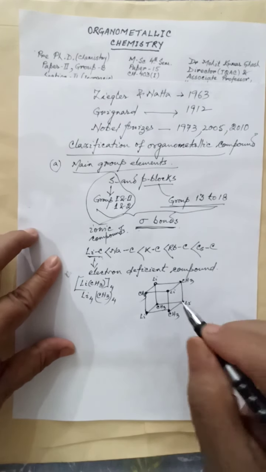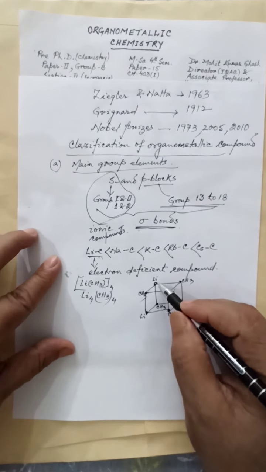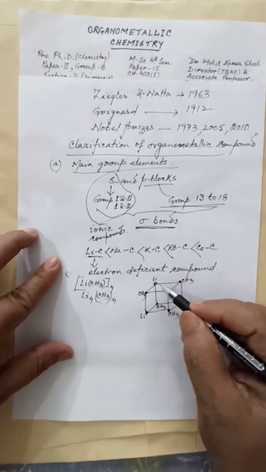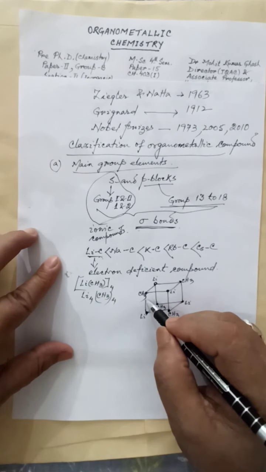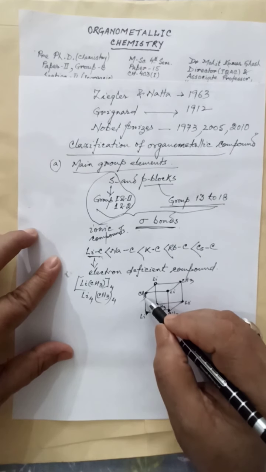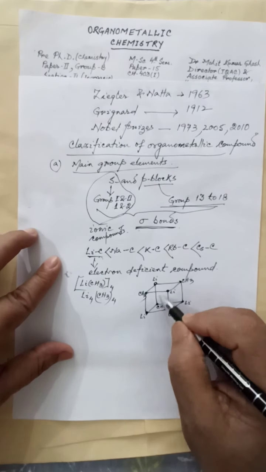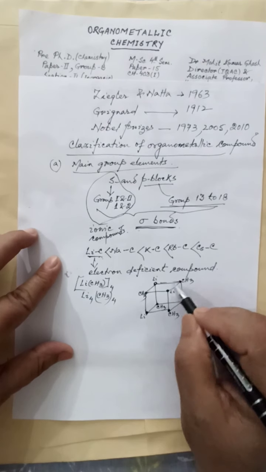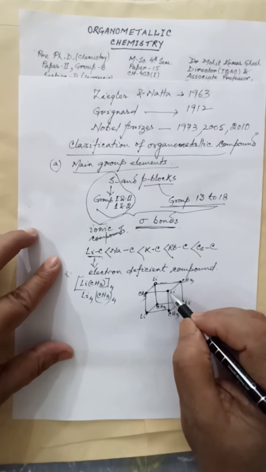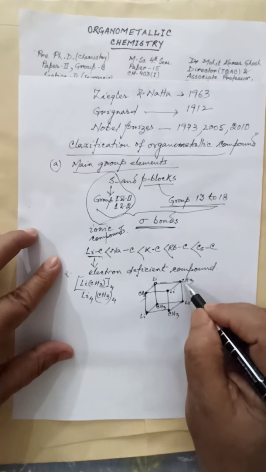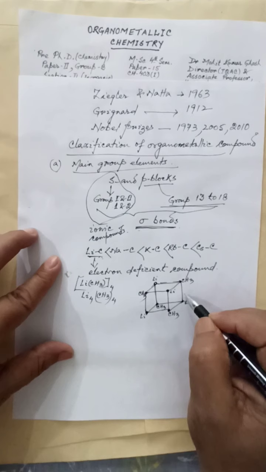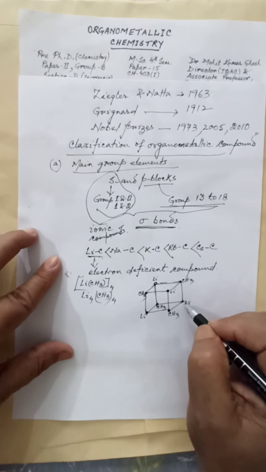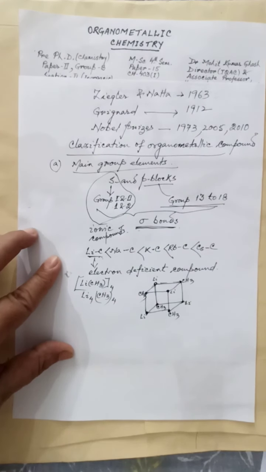So if you look at the lithium, it is bonded to, linked to the methyl groups, and the number of methyl groups is 3: 1, 2, and then 3. If you look at this lithium, it also has the same feature. Any of the lithium you find is linked with 3 methyl groups.